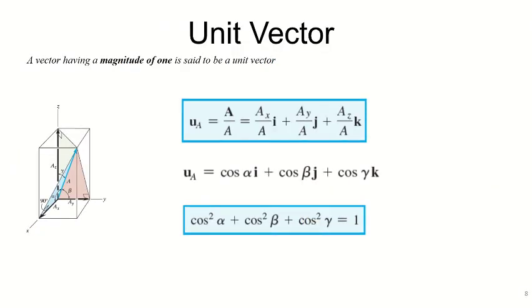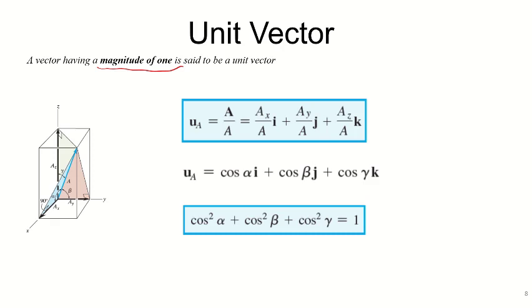There is one more very important concept, unit vector. Unit vector is a vector having a magnitude of 1. Okay, unit vector is a vector which has a magnitude of 1.